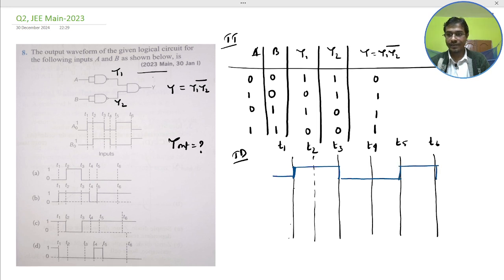So this is 1, and for B, that is T2, and this is for T4. These are the inputs.